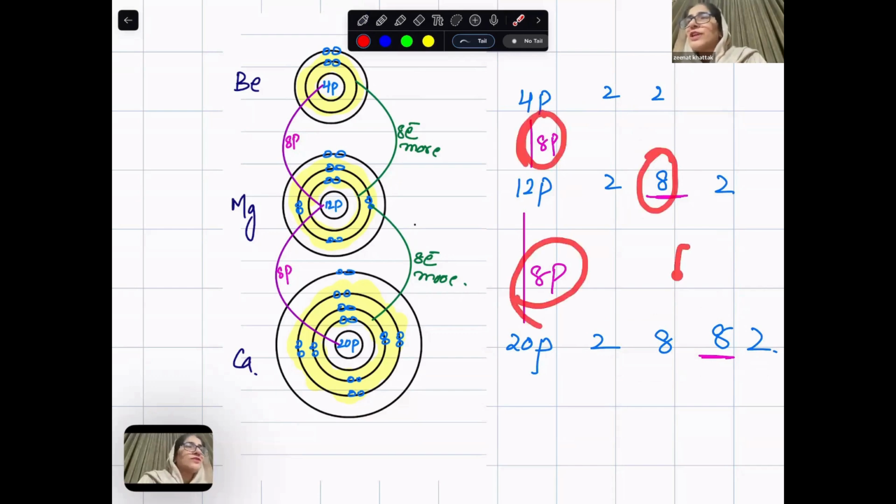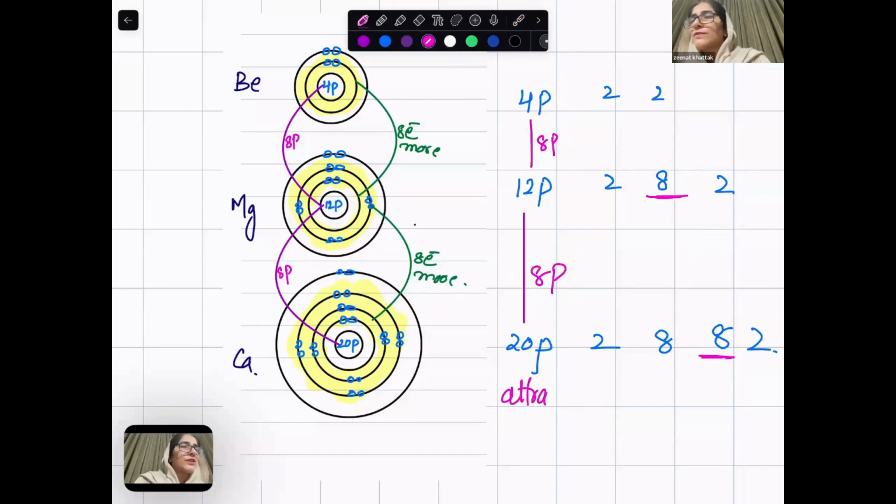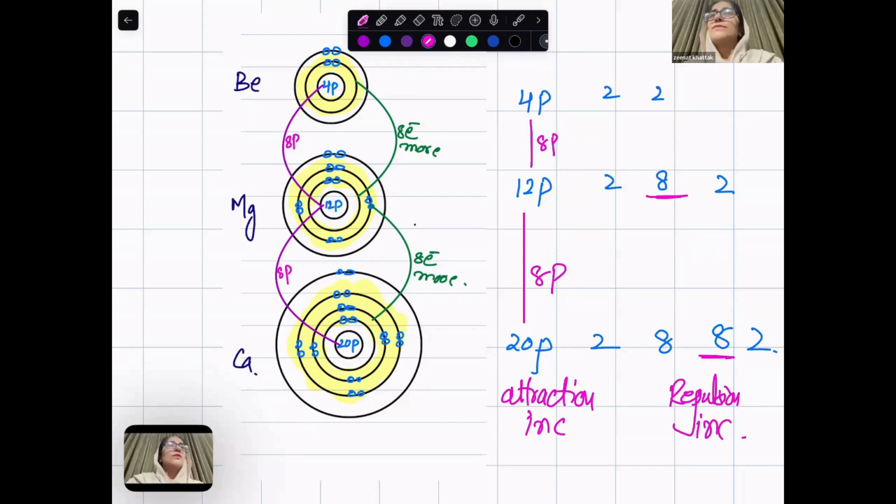Proton increase, shielding increase, attraction increase, repulsion equally increase. Look, 2 and 2, 8 and then 2, 8, 8.